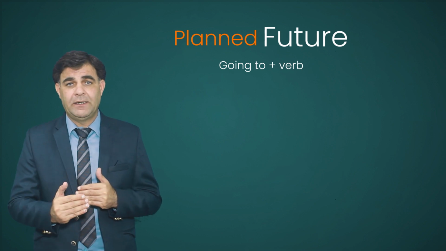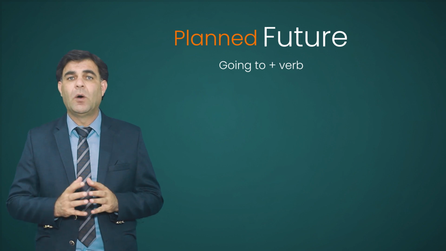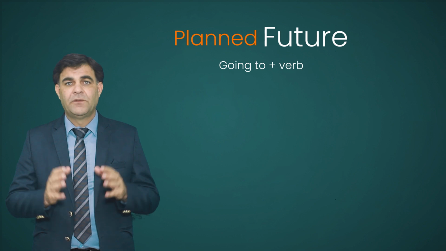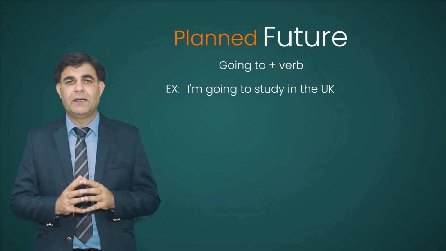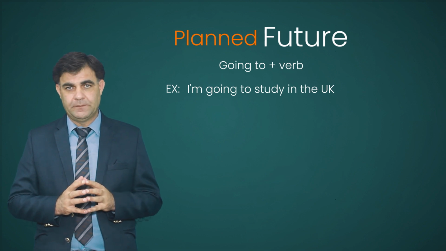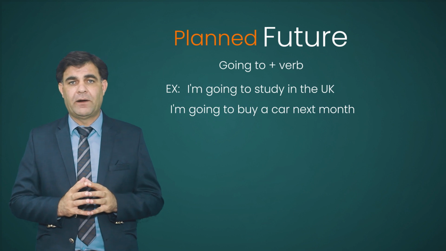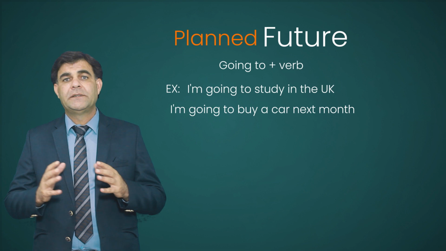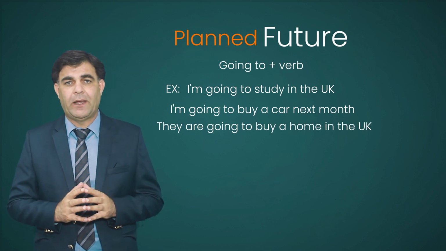Not directly, not rapidly taken action, no. For example, I'm going to study in the UK. I'm going to buy a car next month. They are going to buy a home in the UK.